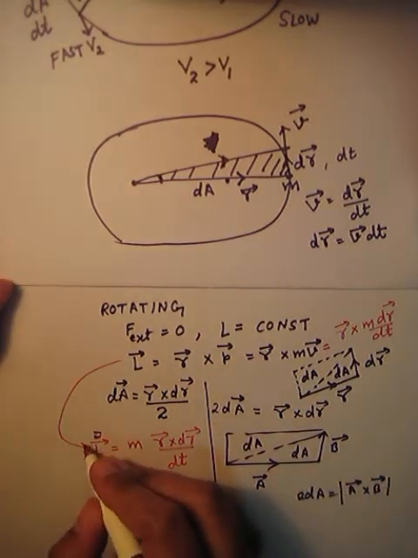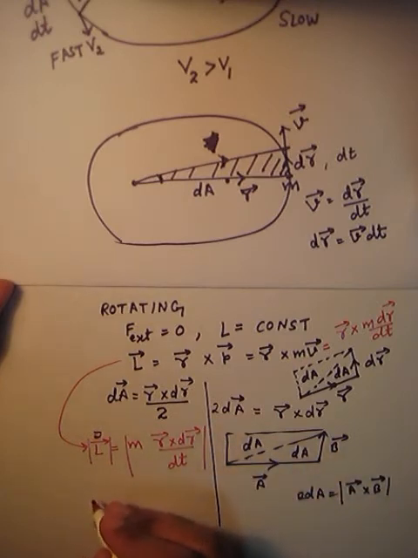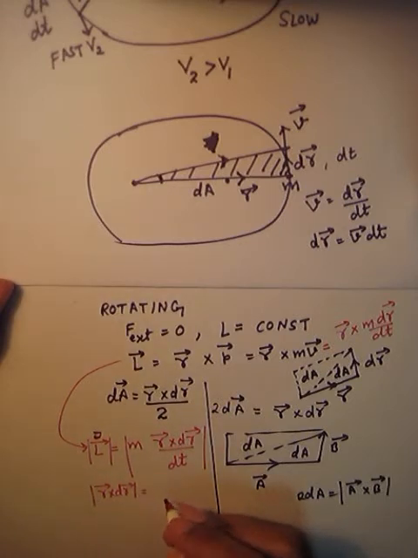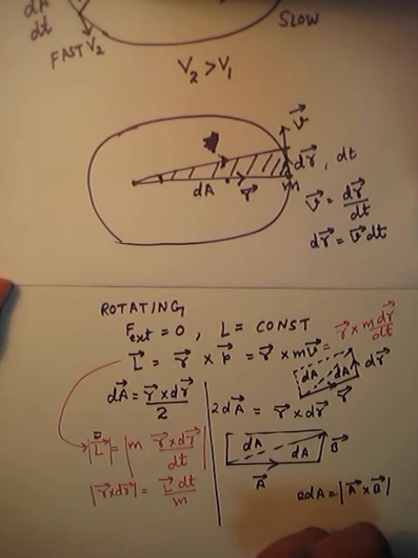If I take the magnitude of all of this, then the magnitude of r vector cross dr vector will be equal to L dt upon m.